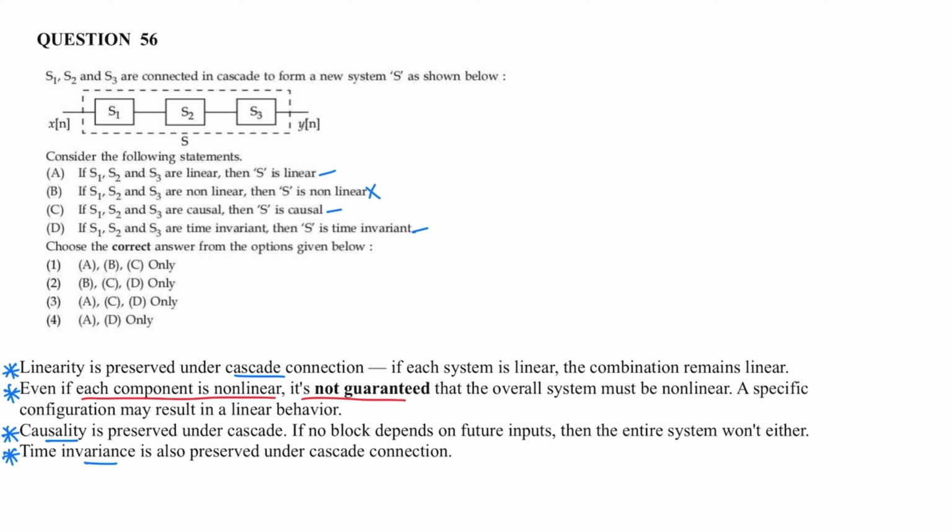A specific configuration may result in linear behavior also. Therefore, statement B is incorrect. Statements A, C, D are correct. So the correct option is 3.